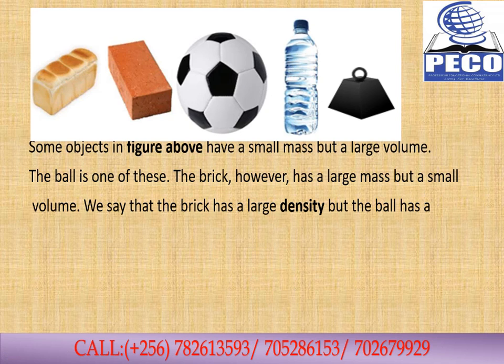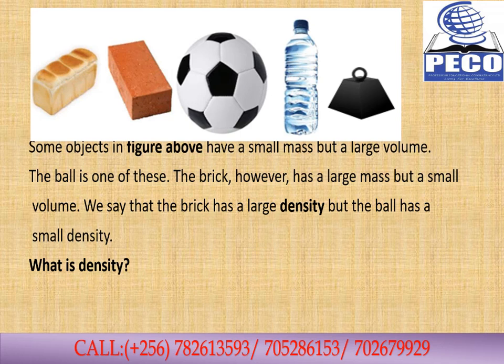So we say that the brick has a large density, but the ball has a small density. A body which has more matter, more amount of matter, but occupies a very small volume is the one which has a large density. So from that analysis, what is density?